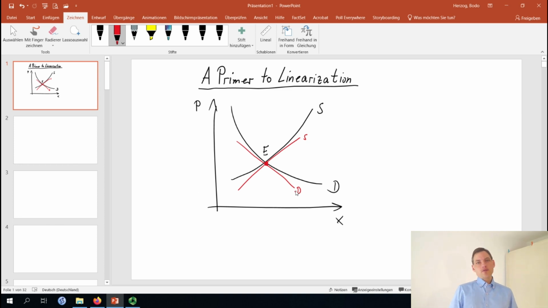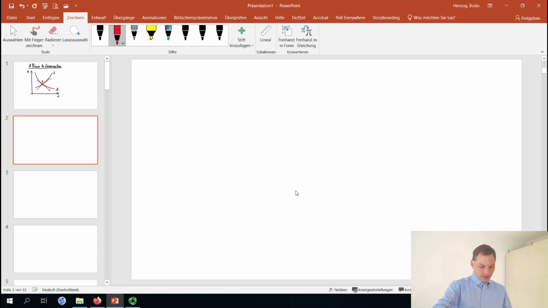But how can we find the linearized red curves around the steady state? Well, this is what this lecture is about. In principle, we do a linearization around the steady state, and that is my first definition, let's call it definition 1.